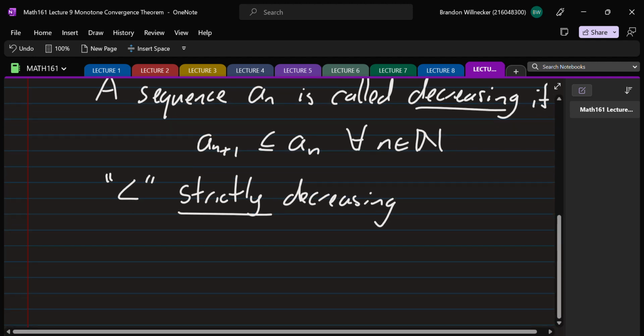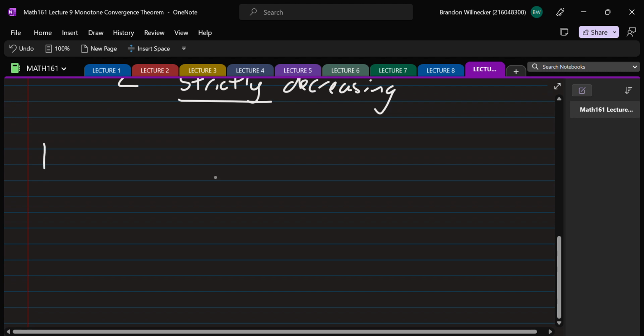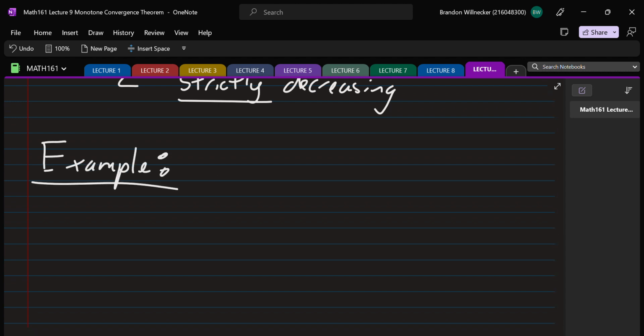Okay, let's look at an example of this. There are two methods that I'll show you to show if something is increasing or decreasing. If you have another method, that's perfectly fine as well, just make sure that the math works out. Here we have a sequence a_n given by n over n plus 1.